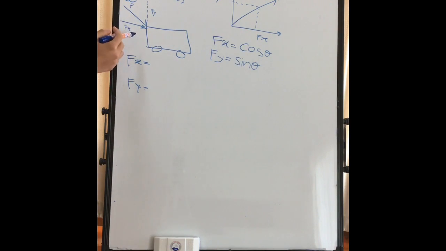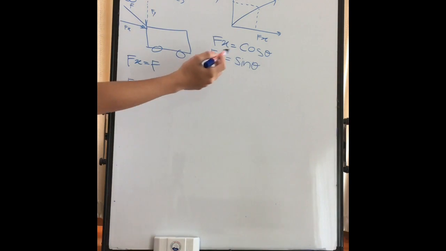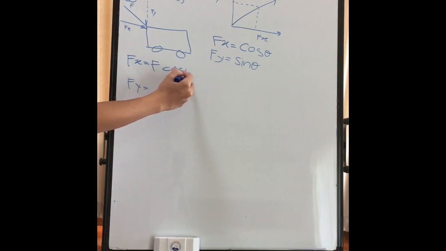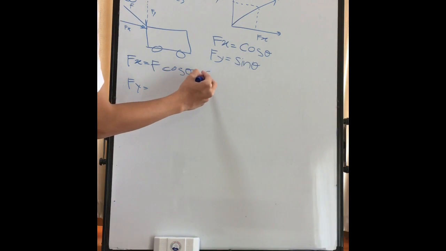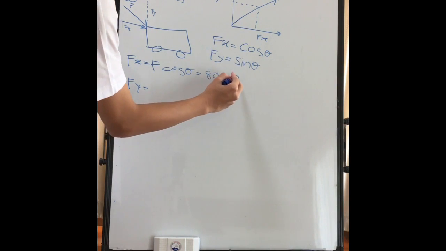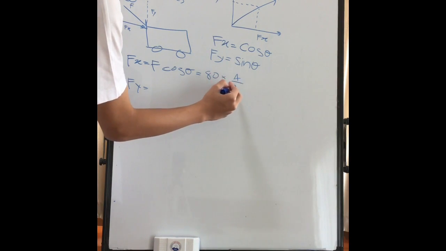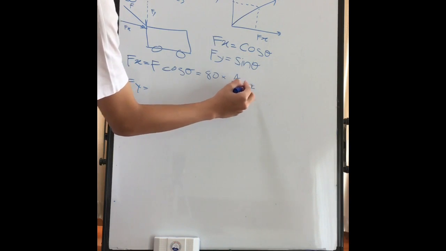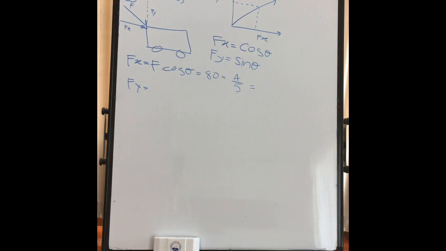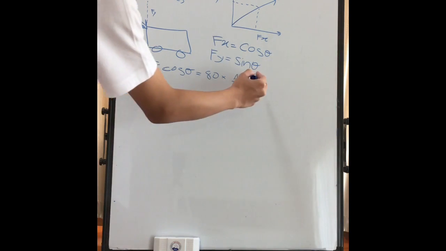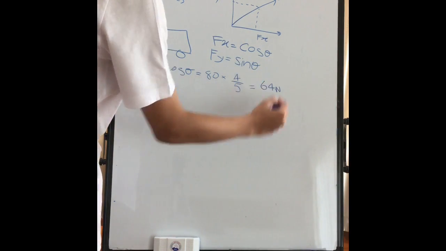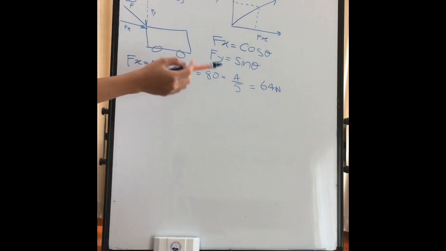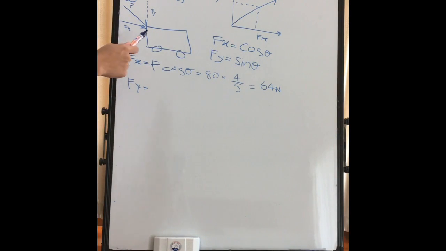Fx is horizontal, so to find it we need to use F cos theta. So we get 80 multiplied by 4 over 5, then we get 64 Newton. So 64 Newton acts horizontally.